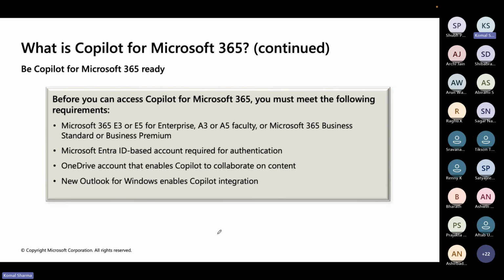Let's say you must have an E3 or E5 license, or if you have a Business Standard or Business Premium license assigned, you can start using Copilot. In that case, Copilot will be assigned as an add-on license to you, and you can start using Copilot.